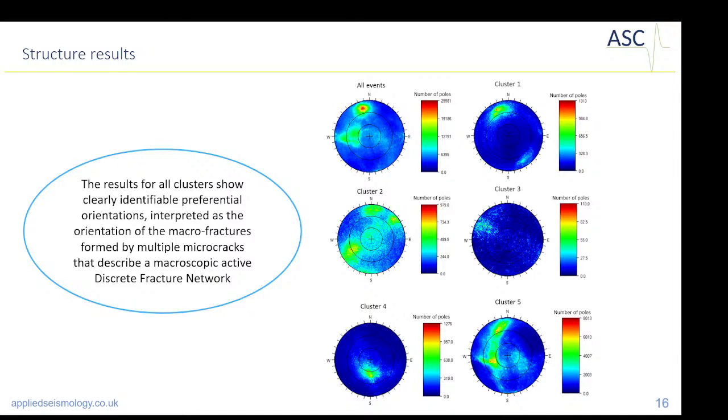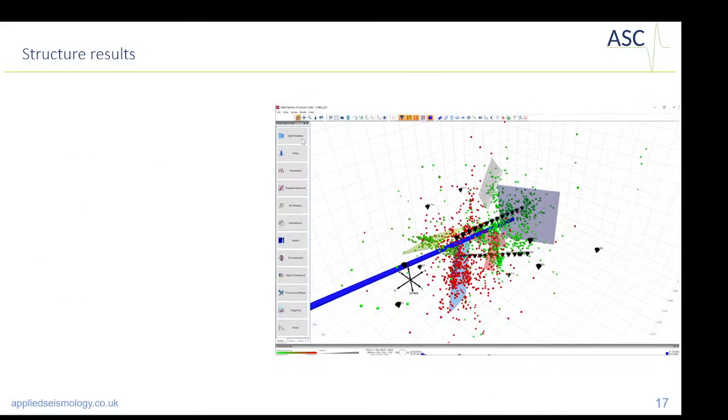But what was encouraging from this is that there was a match between this and the observed macro fractures that were actually measured afterwards through injection tests. So the seismic catalog actually identified well the orientation of these macro fractures, and it corresponded basically to what would be our induced discrete fracture network.